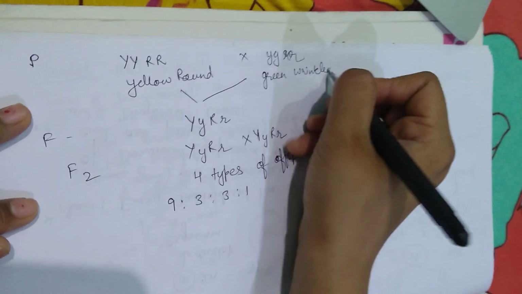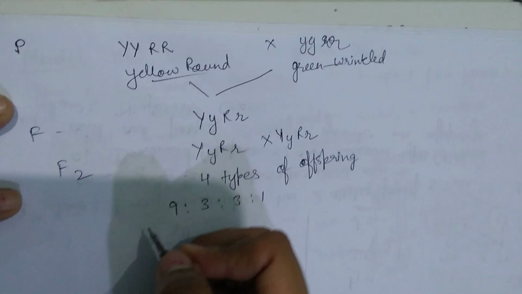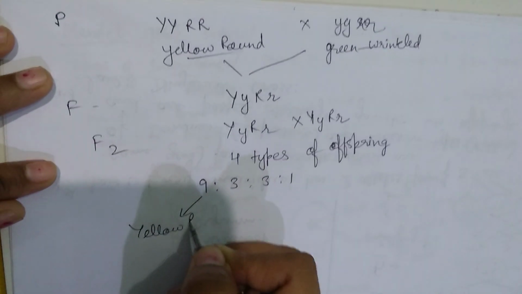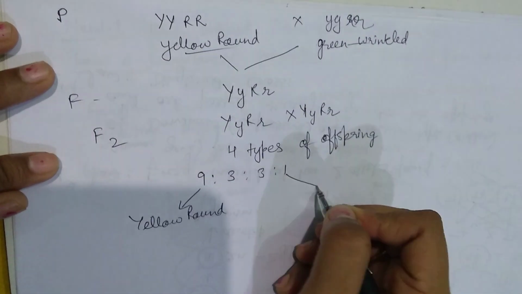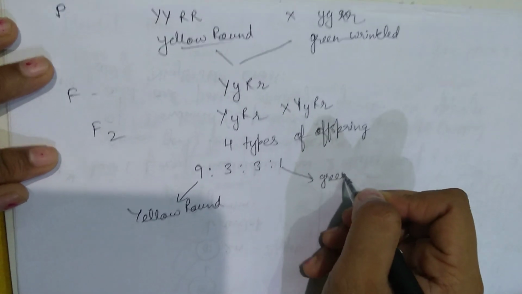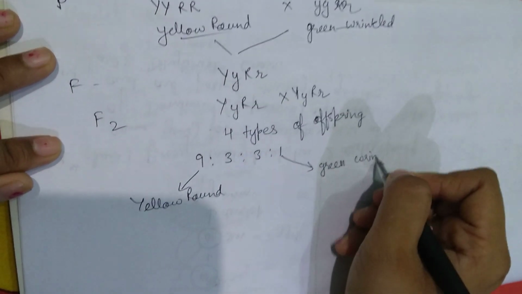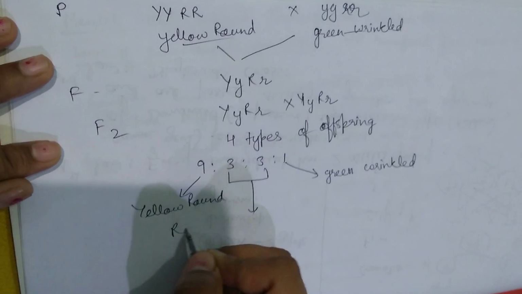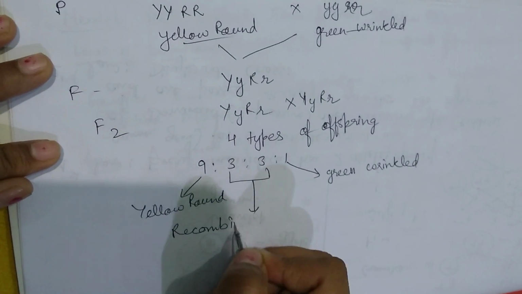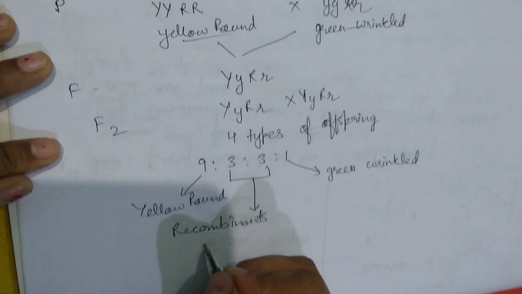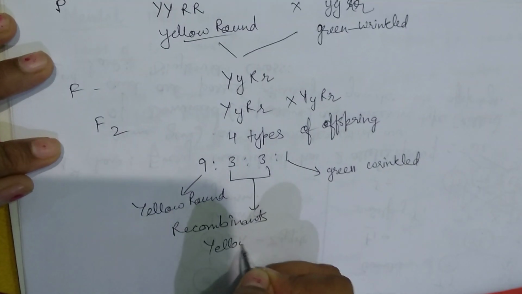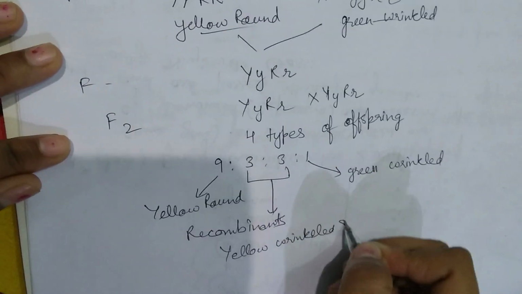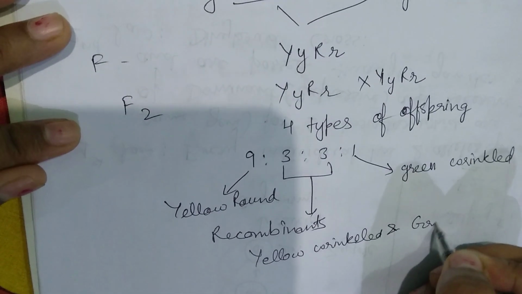Of these 4 types, 2 will be parental types, like in the 9, yellow round, and green wrinkled, which has both recessive traits. And these 2 will be the recombinants, that are yellow wrinkled and green round.